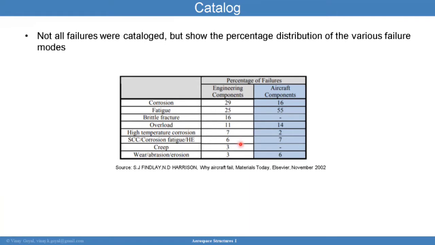And there are many examples for each of these. This source is where I got this from, Why Aircraft Fail. But there are many examples of each of these, and I'll go through some of those examples so you're clear about why failure modes need to be considered in the design process.